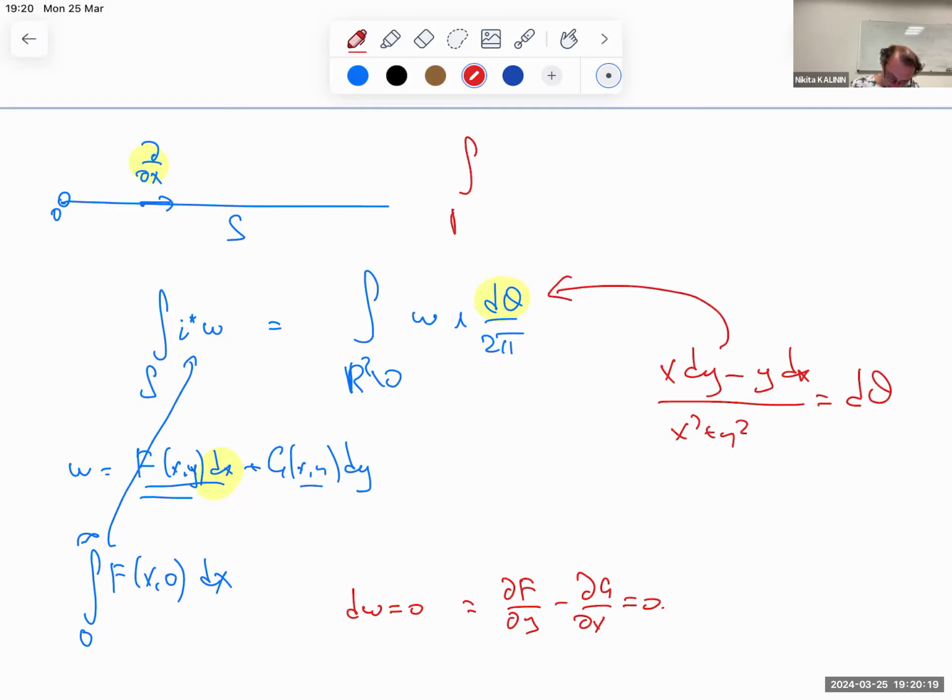Okay, so when we substitute this form here, we have the integral over R squared minus 0 of f(x,y) x divided by x squared plus y squared, plus g(x,y) y, dx dy, and it's also divided by 2 pi.